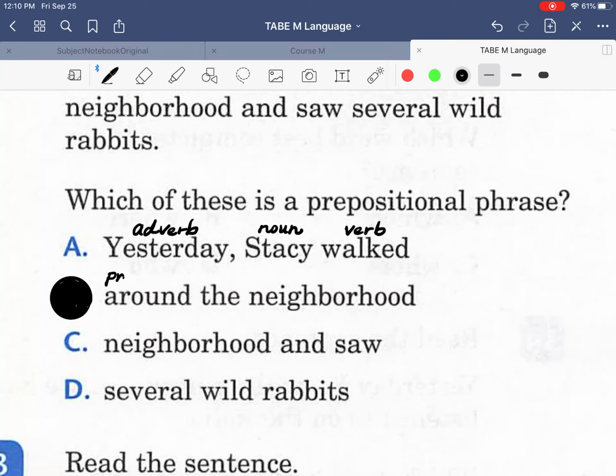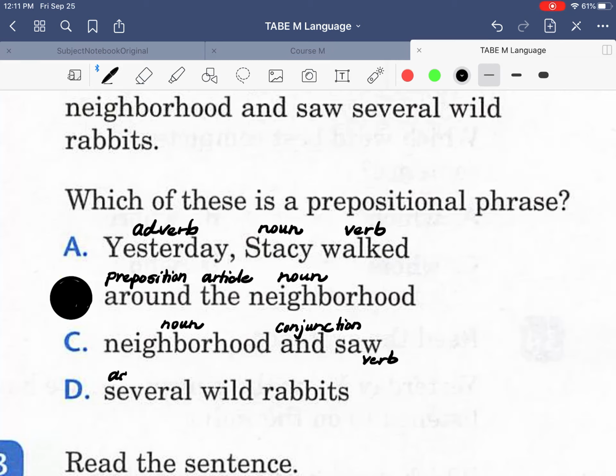A prepositional phrase is a preposition, and sometimes you'll have an article, a, an, or the, or another adjective, and then a noun. There's your prepositional phrase. Neighborhood is a noun and is a conjunction. Saw is a verb, and that does not fit the pattern for our prepositional phrase.